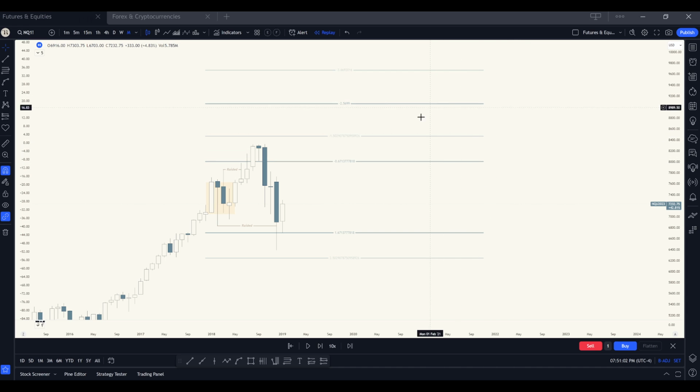So, our next target from right here would be this area, right? Now, since we're bullish, we could be really expecting up here, but our main target is just the next one in front, right? So we'll let price go.